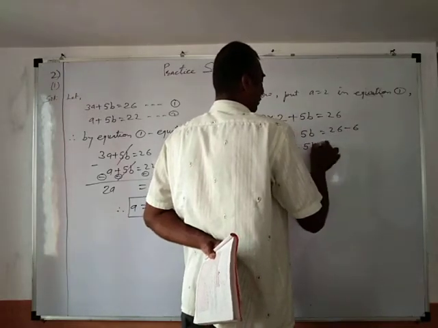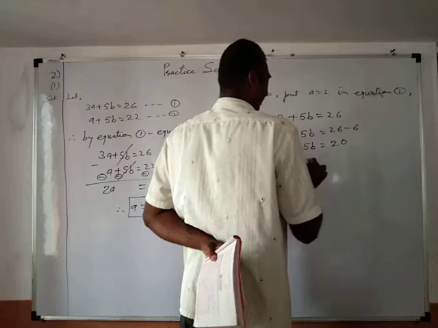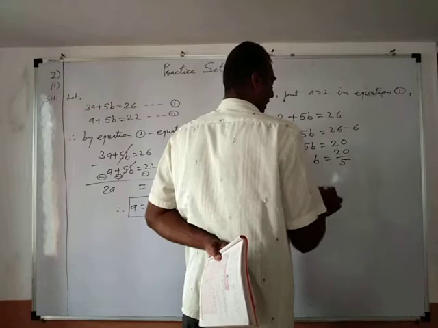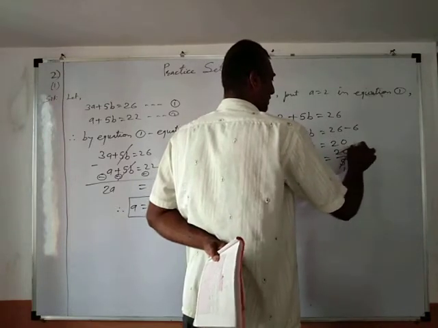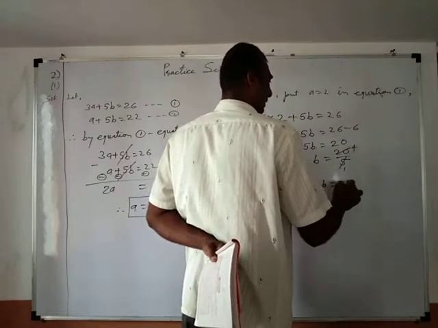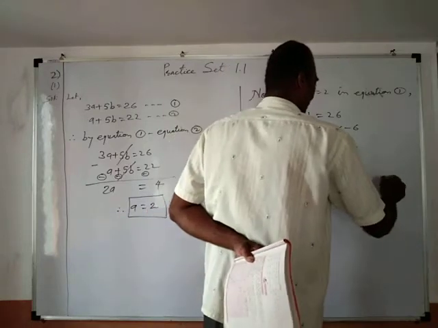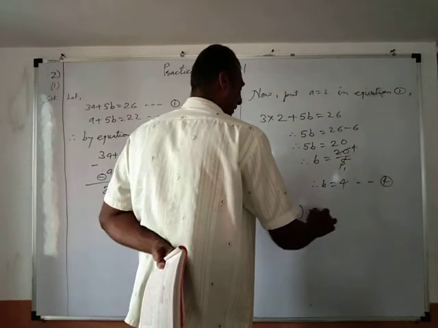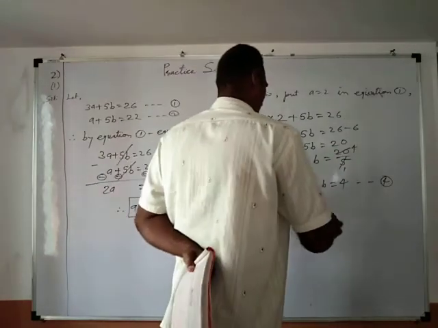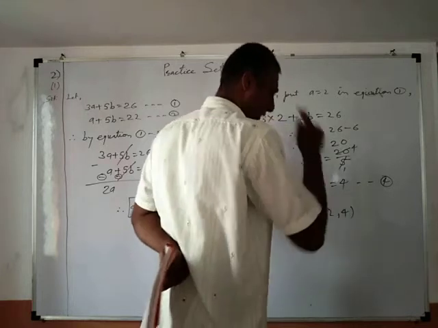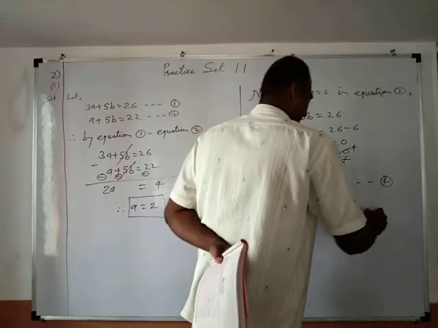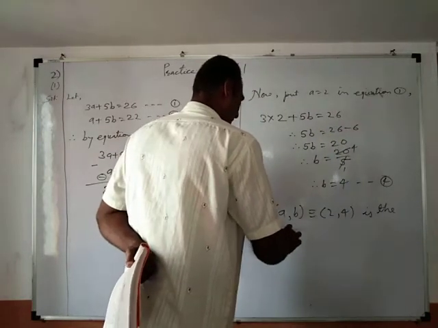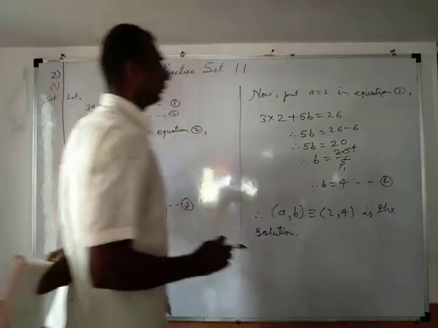And therefore 5b = 20, and therefore b = 20/5. 5 ones are 5, 5 fours are 20, and therefore b = 4. And therefore the solution set (a, b) is (2, 4). (a, b) = (2, 4) is the solution of this pair of simultaneous equations.